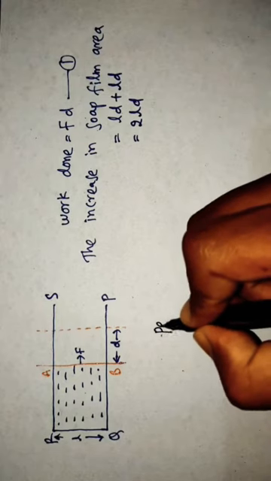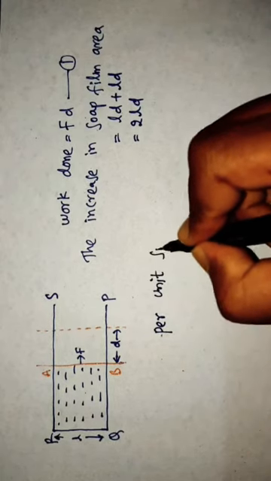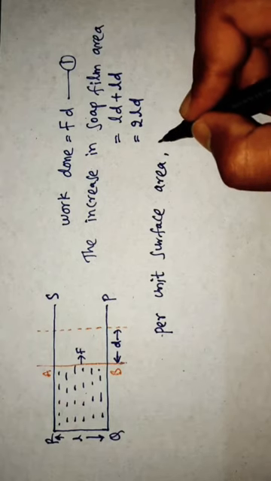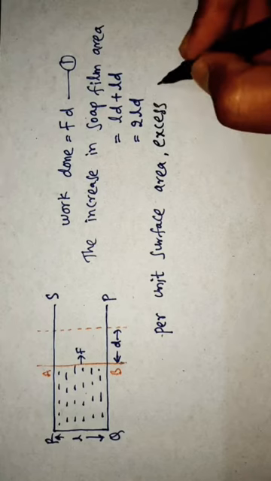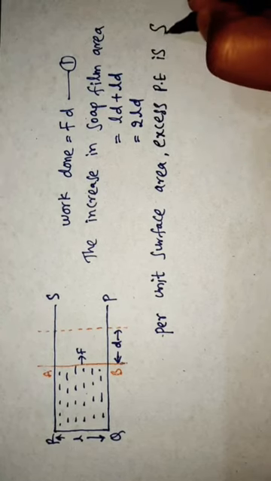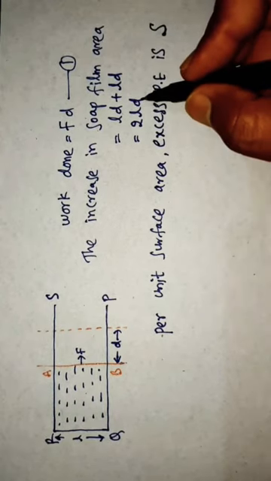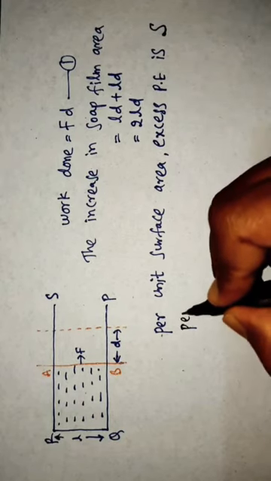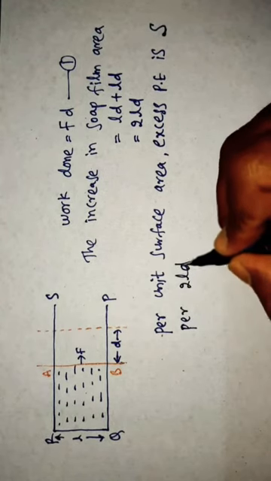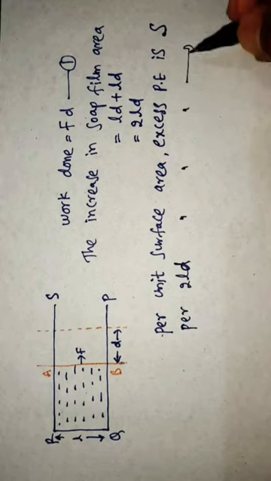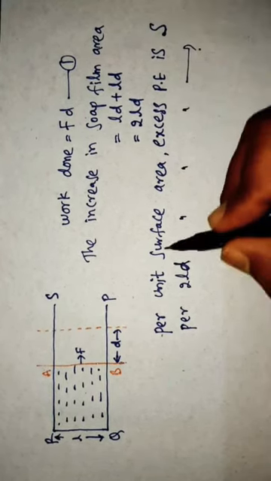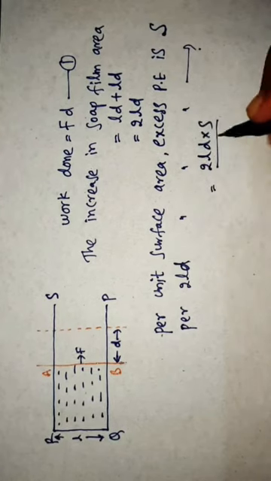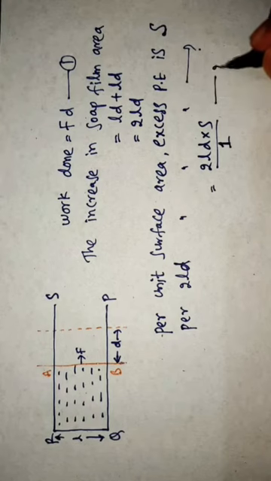Let us consider per unit surface area the excess potential energy is S. So for 2LD surface area, the excess potential energy is 2LD into S by 1, since unit surface area is 1. Let us take this as equation 2.